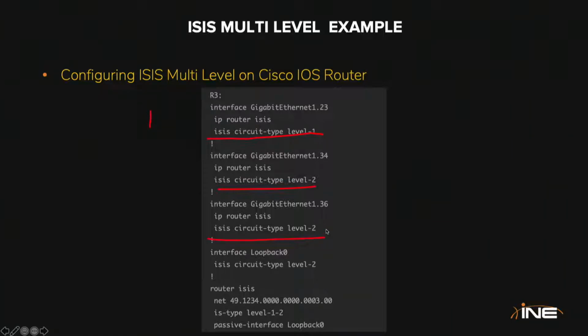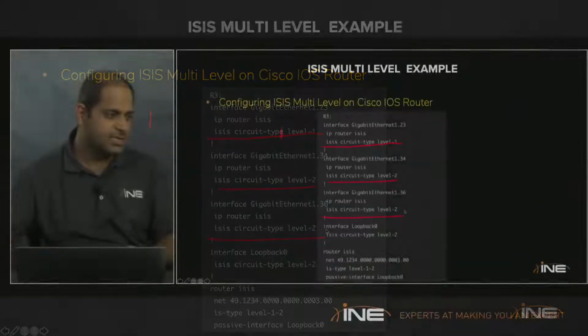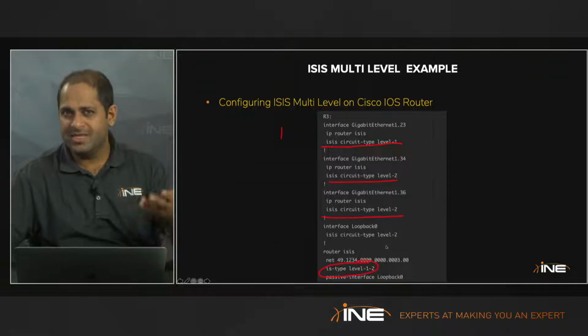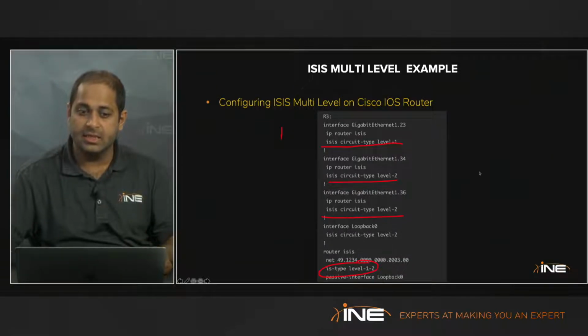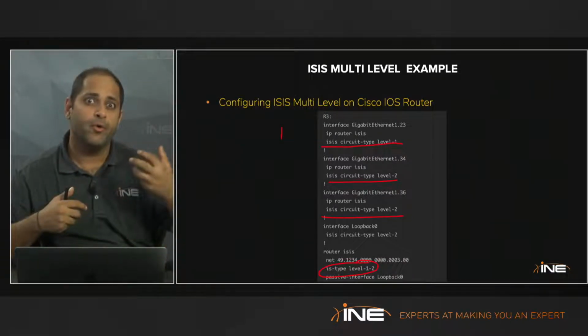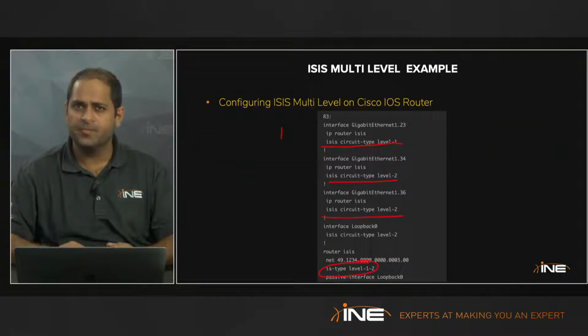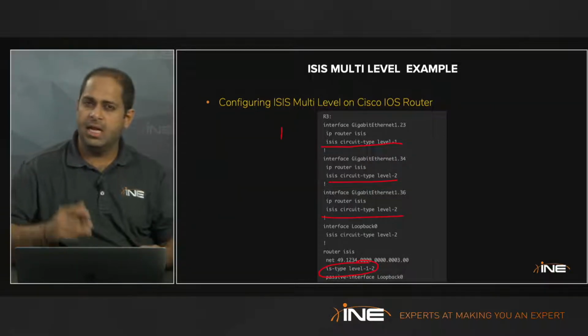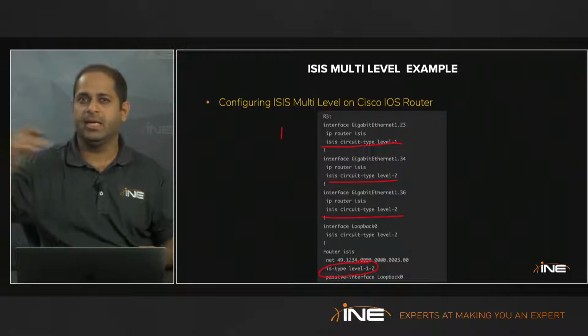This kind of a setup where a router is a level 1, level 2 router, he's a level 1, level 2 router. This kind of a setup is called a multi-level implementation of ISIS because this router has both, level 1 and level 2. Usually the level 1 would be to connect to the intra-area side and level 2 would be to connect to the inter-area side.